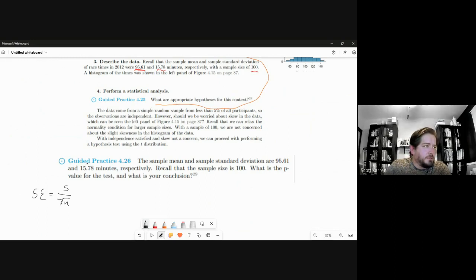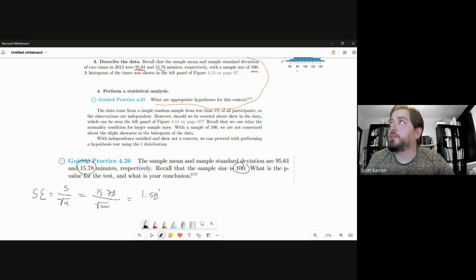There, so that is 15.78 divided by, this was out of 100 people, so divided by the square root of 100. Square root of 100 is 10, so this ends up being about 1.578, or I'll just round it to 1.58. So that's our standard error.